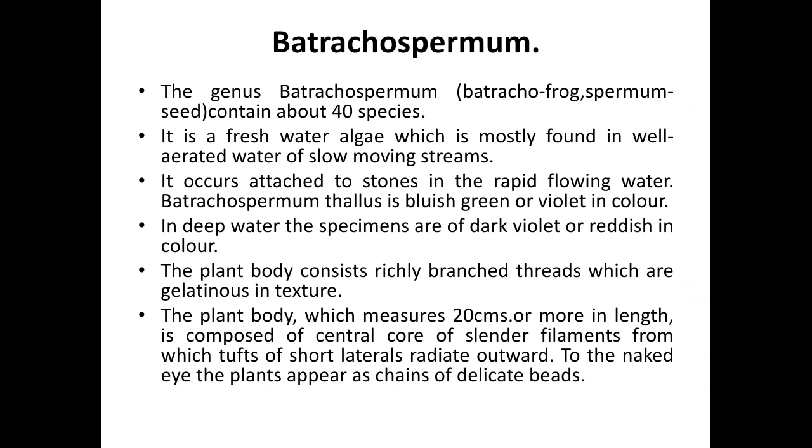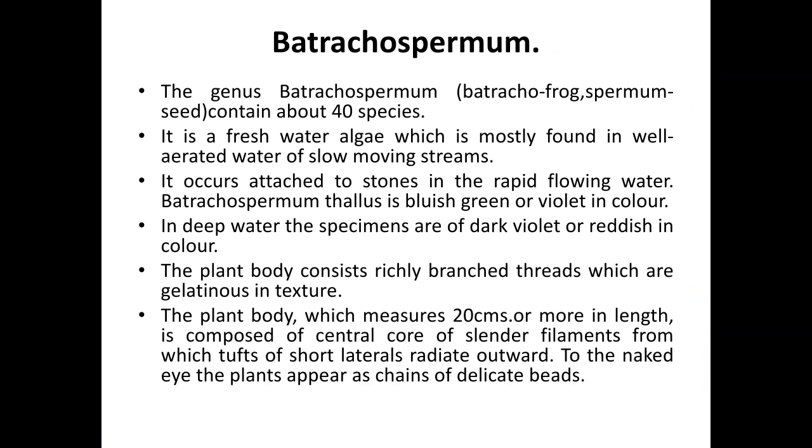Next, third, Batrachospermum. The genus Batrachospermum. Batracho means the frog, and spermum means the seed. It contains about 40 species. It is a freshwater alga which is mostly found in well aerated water of slow moving streams.